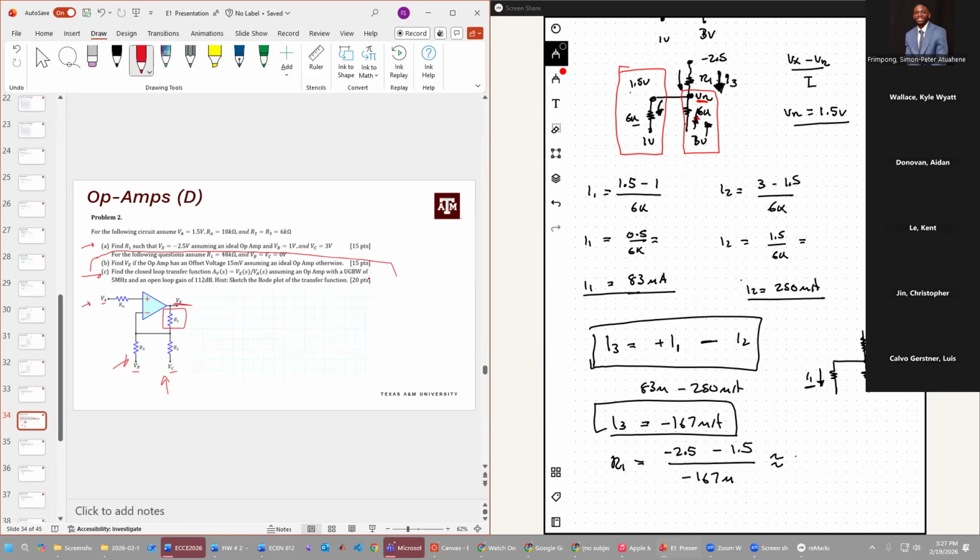I'm getting roughly 21 kilo ohms. Someone said 24. Did I make a mistake? Maybe I made a mistake. All right. Yeah, I did. Yes, 24. 24 kilo ohms.